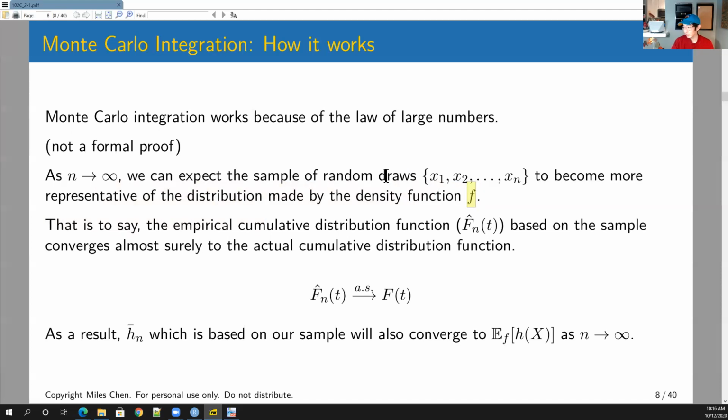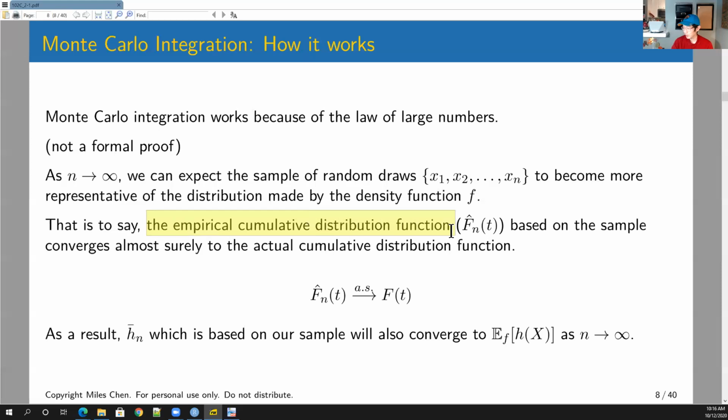As we get more of these random draws, we can expect this sample to become more representative of the density function. I think that makes intuitive sense: the more you draw, the more it's going to look like the real thing.